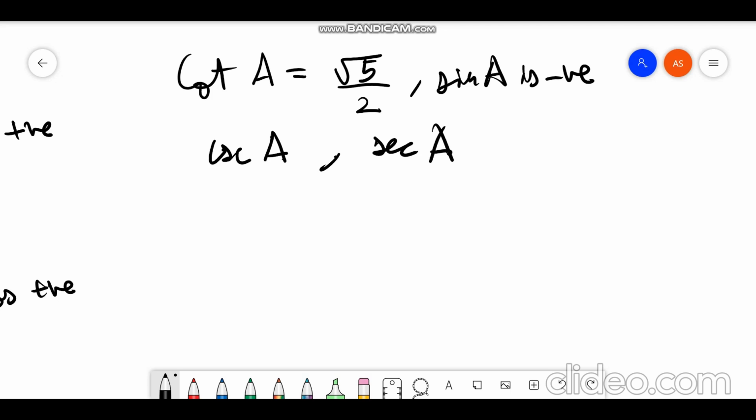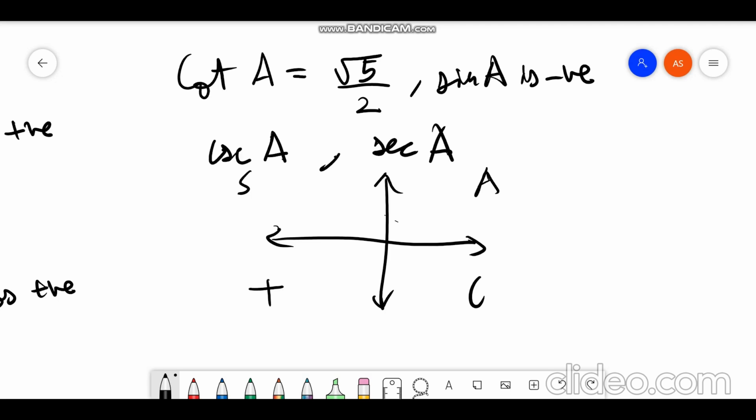First, let's see where the angle A can lie. So first let's use the CAST rule. They're saying that cot A is positive, and cot is the inverse of tan.